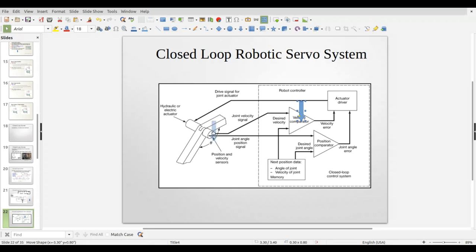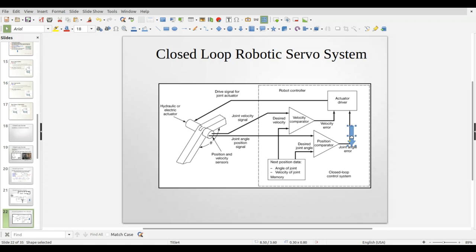We're going to feed the speed into this comparator and generate a velocity error. And then we're going to feed the position into this comparator and generate an angle or position error.